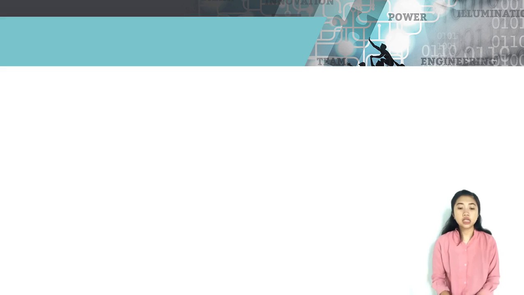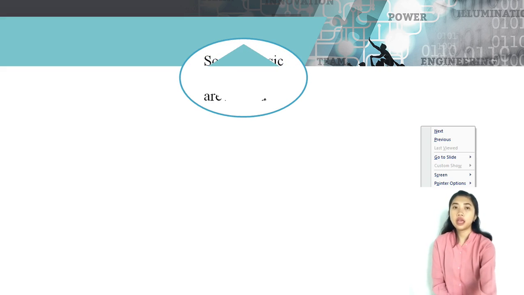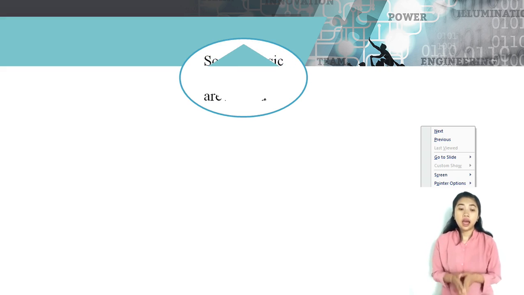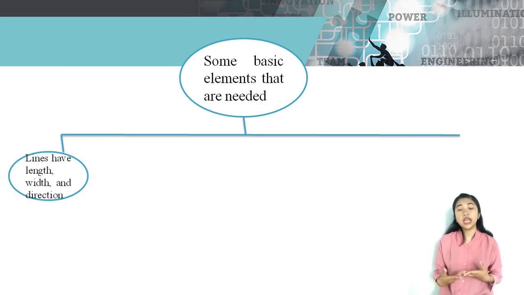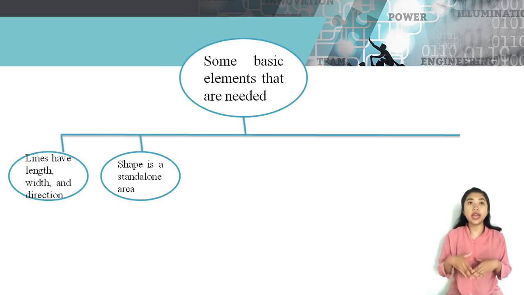So some basic elements that are needed. The first is lines. Lines have length, width, and direction. Lines are used to connect the dots to each other, determine shape, and make division and texture. And the second is shape.